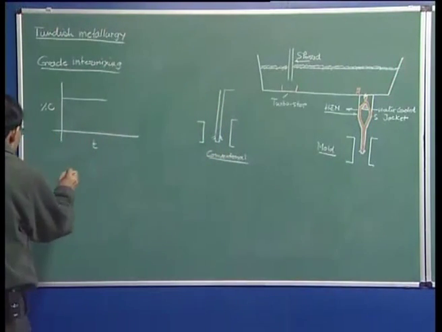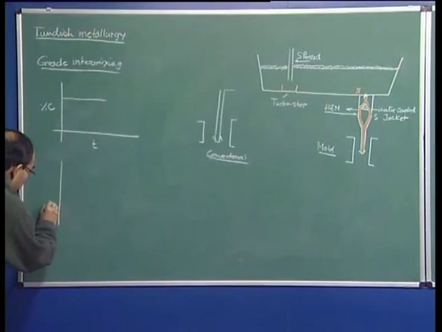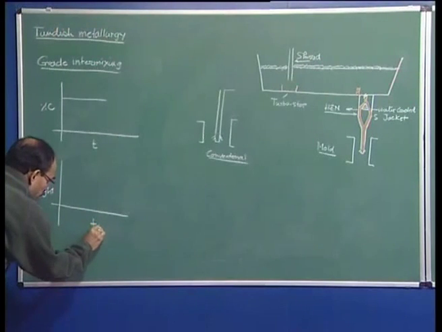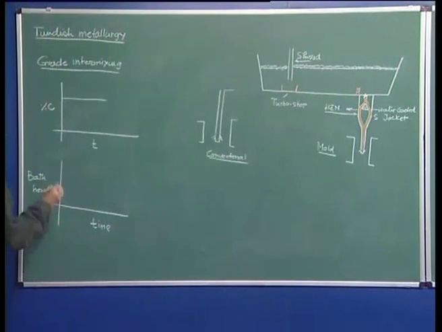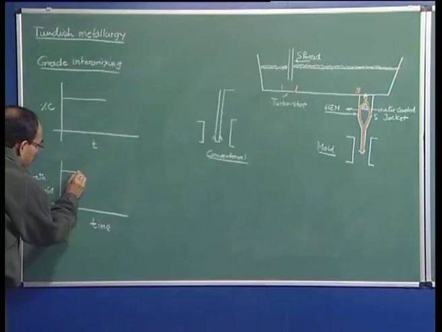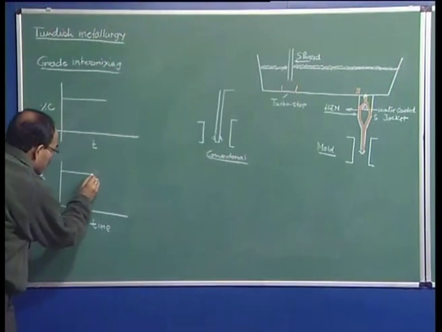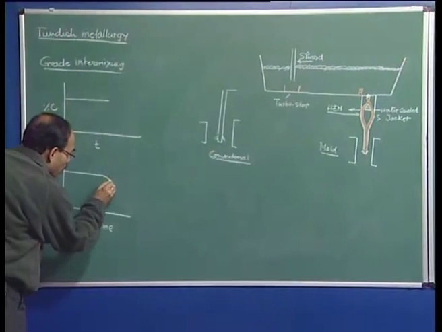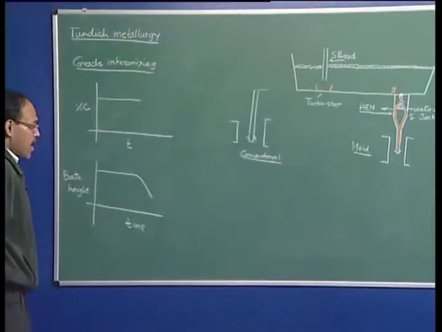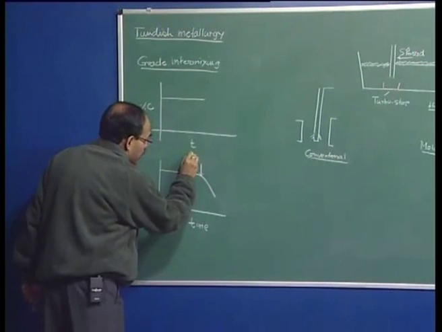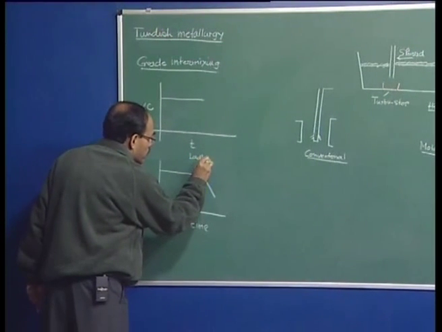If I look at the bath height versus time, the bath height remains initially constant, and at a certain point of time the bath height starts to fall. This is the time that my ladle is removed.